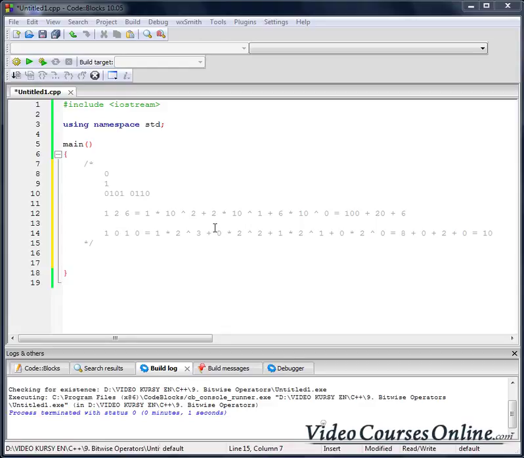You should also notice now that when you see a 0 in binary notation, you can skip it, because anything multiplied by 0 is just 0. So why do so many things? You can just remove it, right?